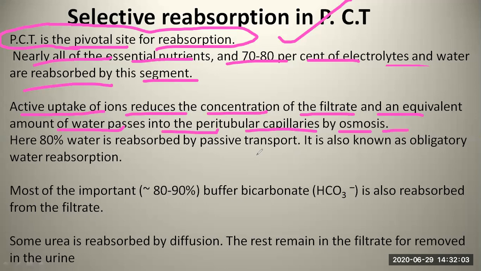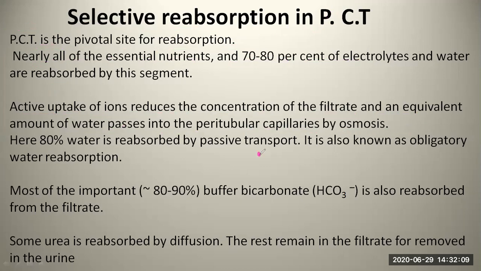Let's create the concept by drawing the figure, so you can understand. Suppose this is your glomerulus region, and this is the loop of Henle, with ascending and descending limbs, and furthermore there is the DCT, and ultimately it forms the collecting duct.